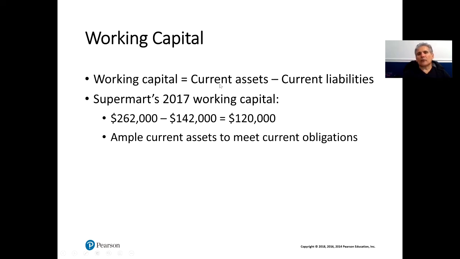Just so that we're clear, a reminder of the definitions: current assets are all assets that are either cash or will convert to cash or expire within 1 year. Current liabilities are all obligations that are due within 1 year.